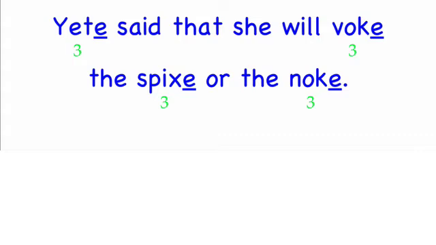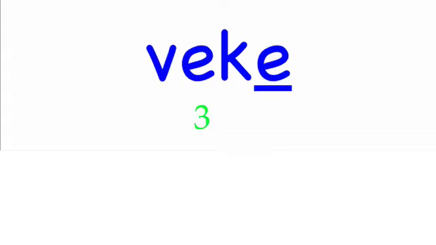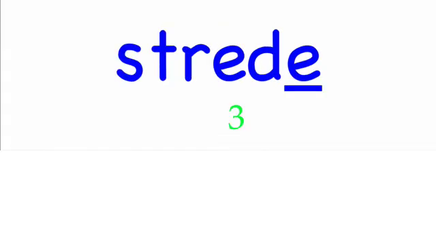Wote, three sounds. W, O, T, wote. The veek, three sounds. V, E, K, veek. Who is streed, five sounds. S, T, R, E, D. Streed or pote, three sounds.